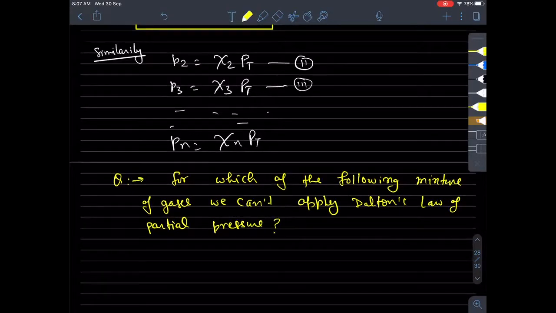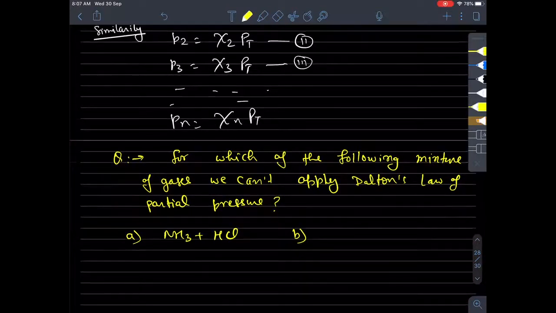Option A is a very famous example. It may have more than one option, guys.